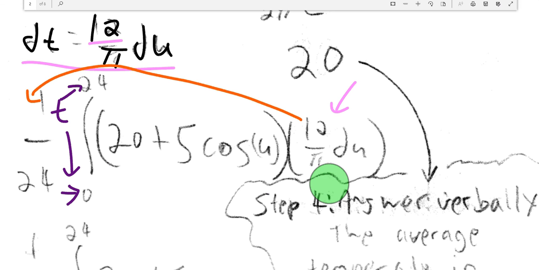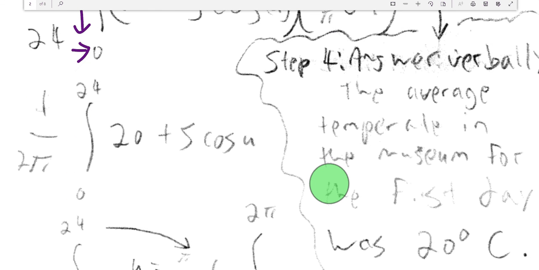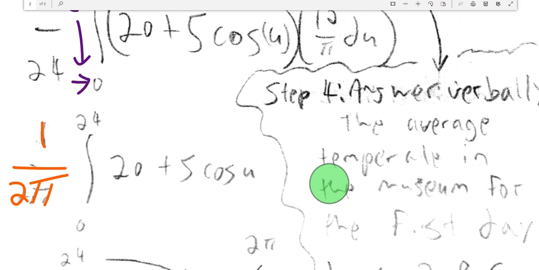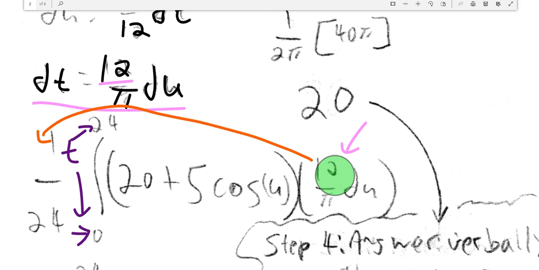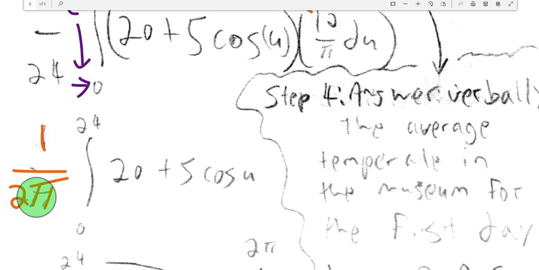So you can see 12 over pi times 1 over 24 is just going to be 1 over 2 pi. That's how we get this right here. So we're moving that original dt that we replaced out to the front since it's a constant. So 12 over pi times 1 over 24 is 1 over 2 pi.